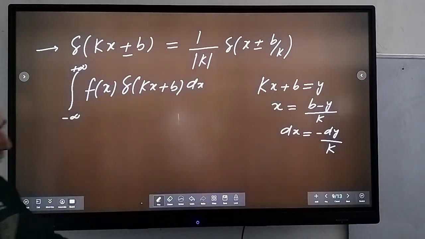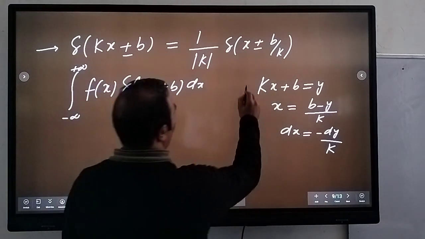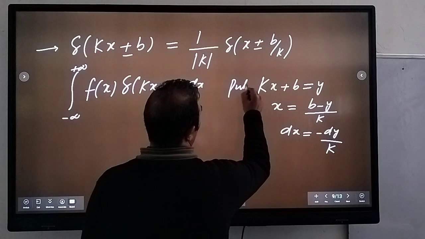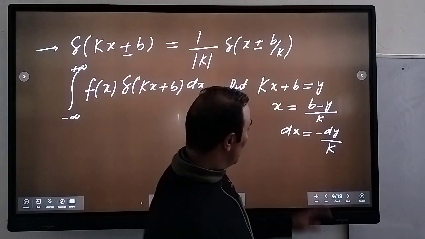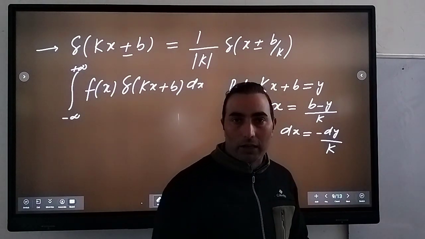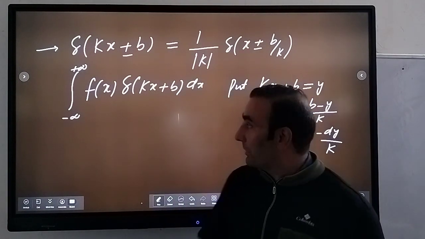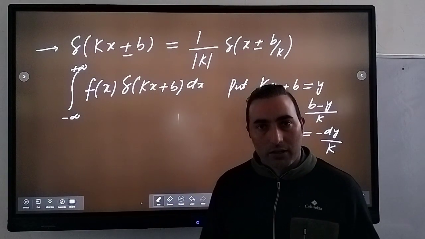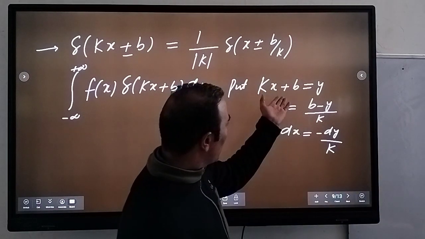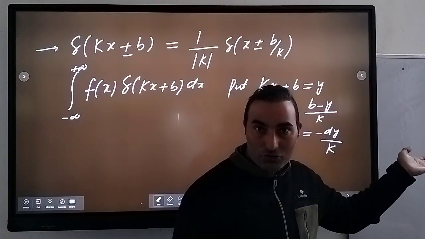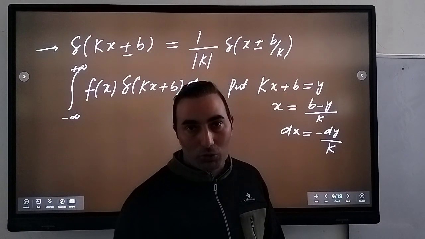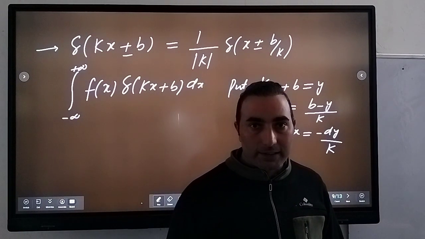It's a simple substitution: you put kx plus b equal to y, and x will be this thing, and dx you can calculate. Now use it here. I'm not doing anything with the limits, because the limits remain the same. If x goes to infinity, y again tends to infinity, and if x goes to minus infinity, in both cases the limits remain the same.